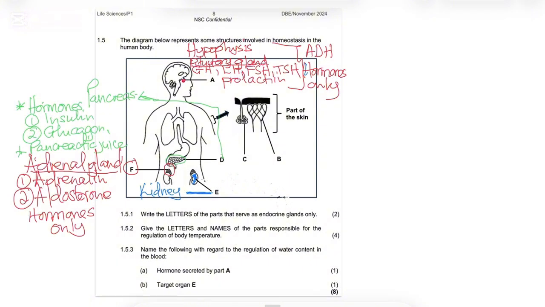Now let us look at the other structure that we are given here, that is said to be involved in homeostasis.